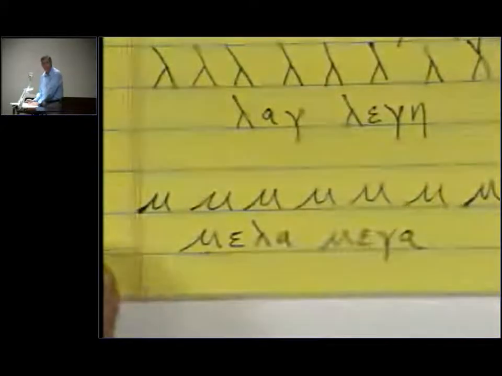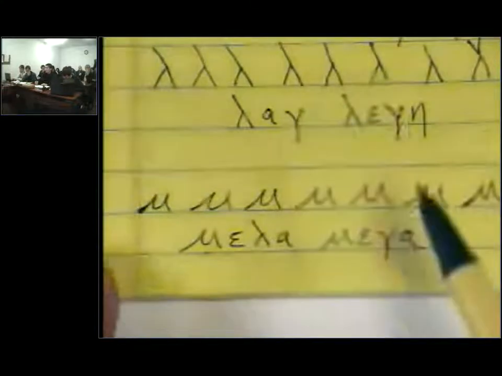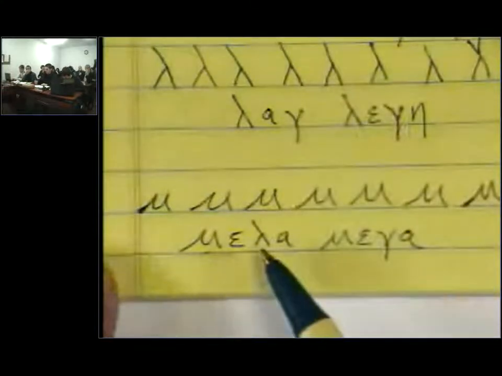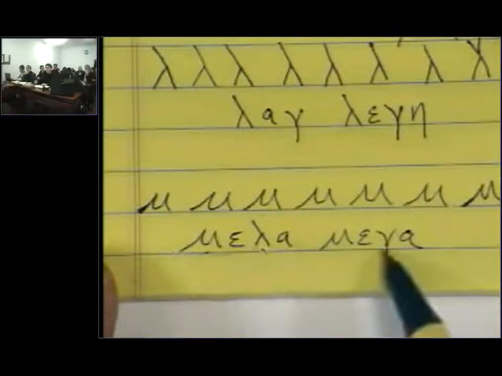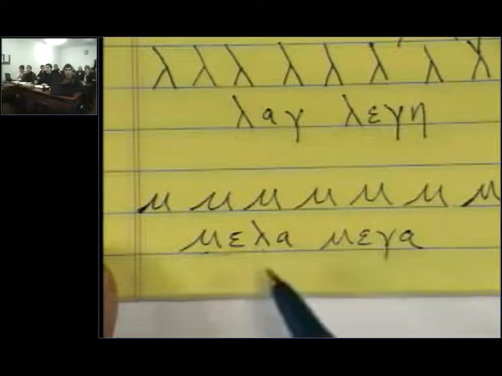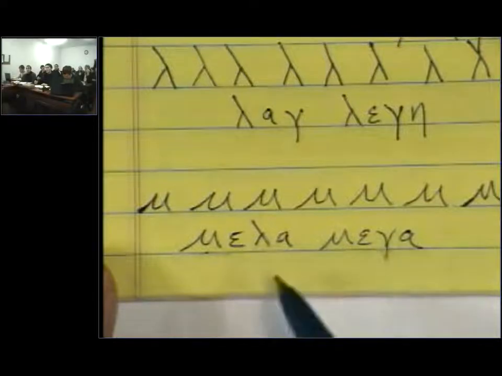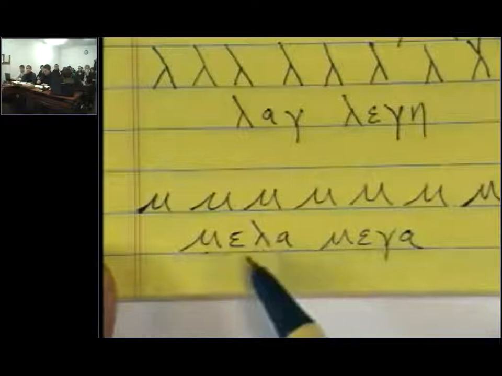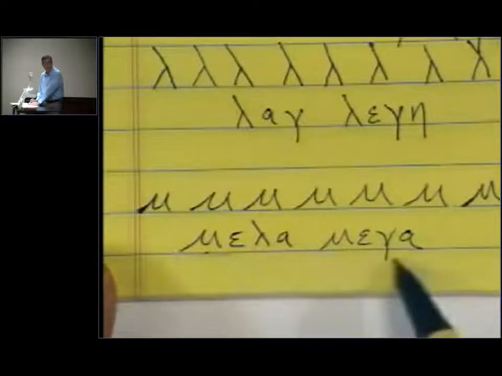Do you see that this is a lambda, and this is a gamma? L, g, mela, mega.